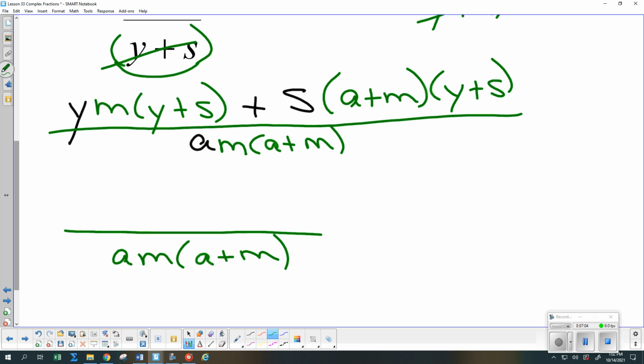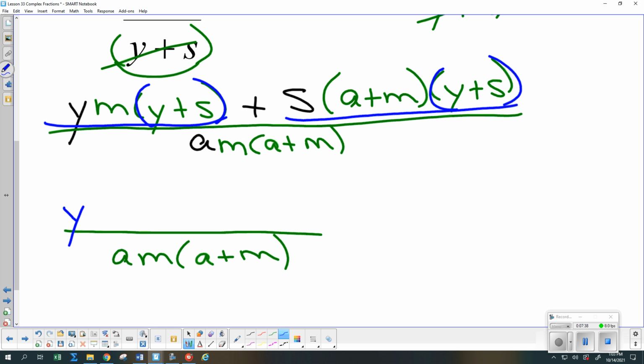Now with my numerator, I could do just a whole bunch of distributing, see if I have any like terms, and see if I can come up with anything I can factor back out. Except on this one, if I look real carefully, notice I have something plus something else, right? I've got one thing here plus another thing here. And as I look at those two parts, they both have a parenthesis that's the same. So I can think of this y plus s as a GCF of both of those things.